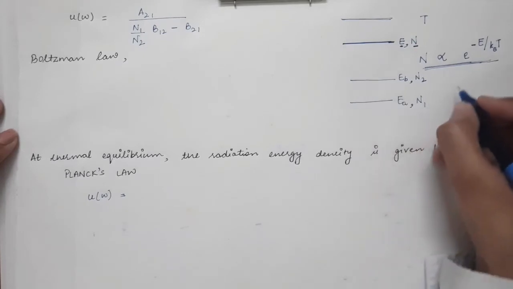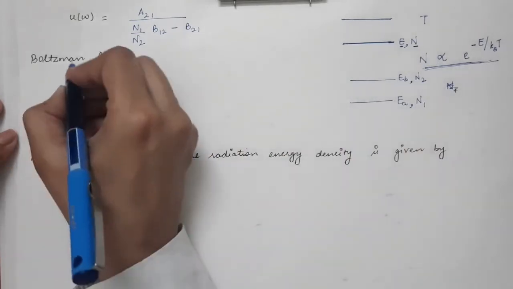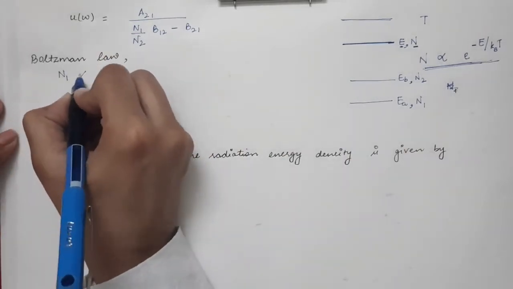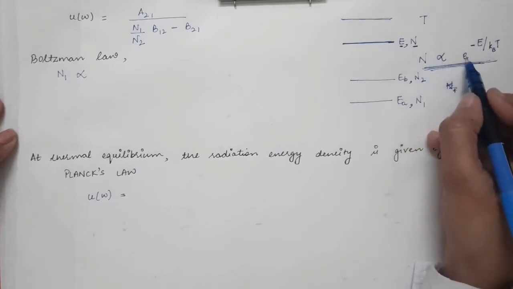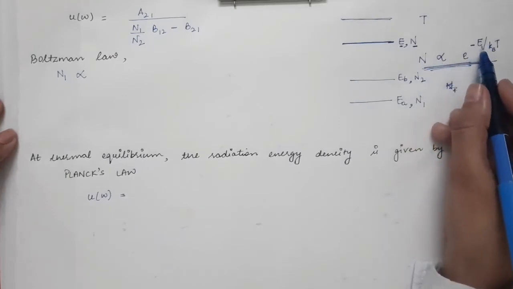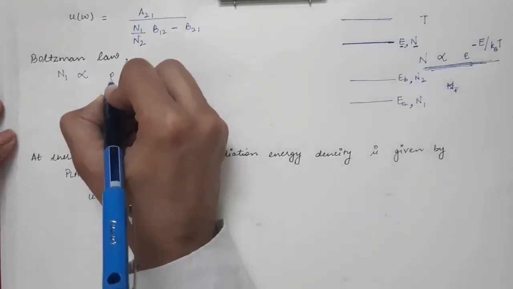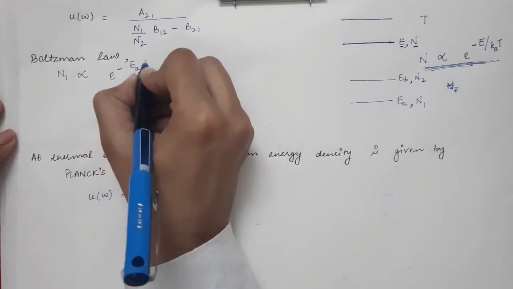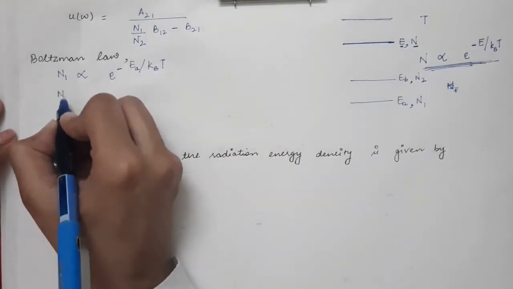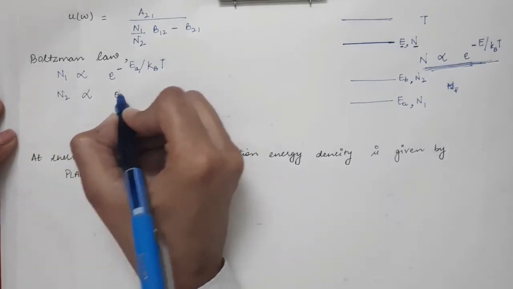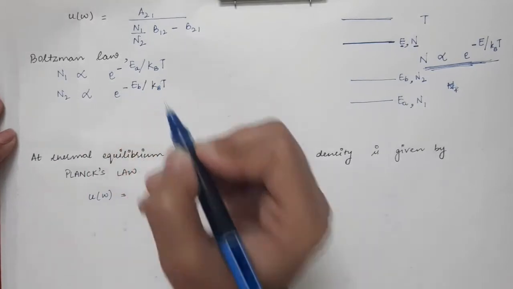So using this Boltzmann law, N1 will be directly proportional to e power minus the energy of the level, which is EA, divided by kBT. And similarly, N2 is directly proportional to e power minus EB divided by kBT.